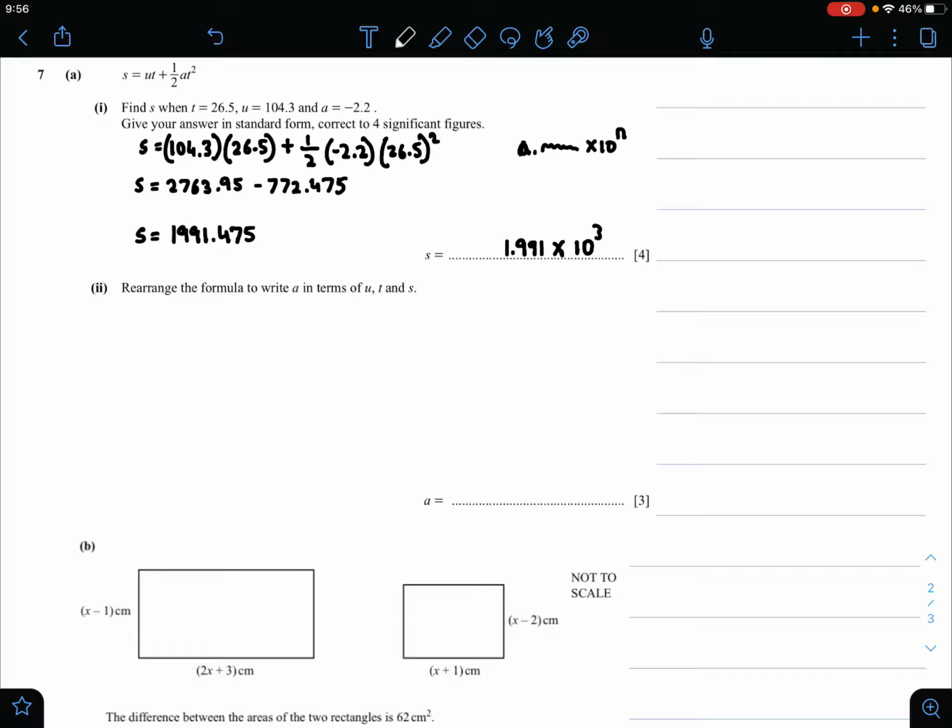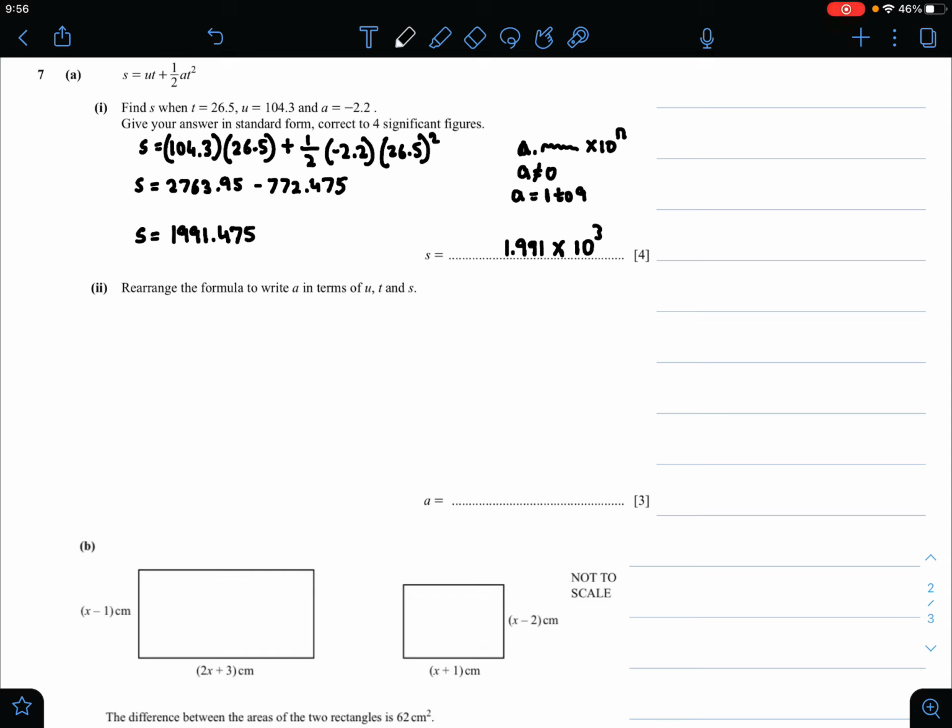Now n indicates how many places left or right the decimal place should move to reach the original number, and a cannot be equal to 0, and a has to be between 1 and 9, and we have satisfied all these rules. So therefore this is our final answer for part A1.